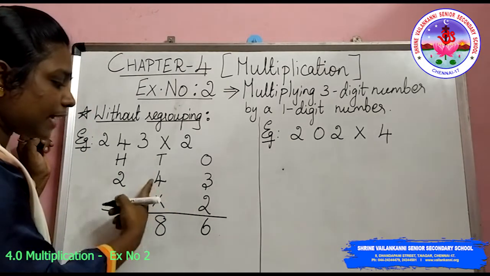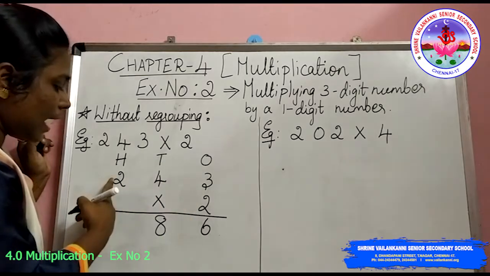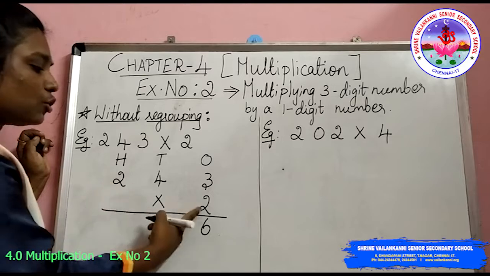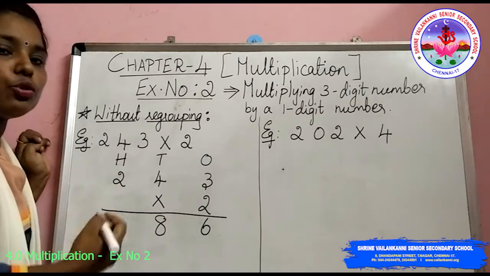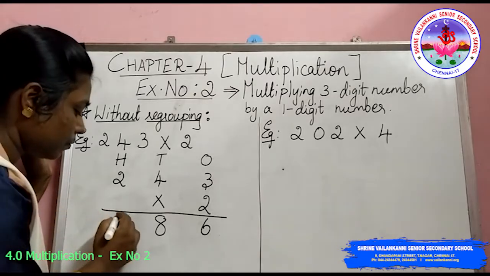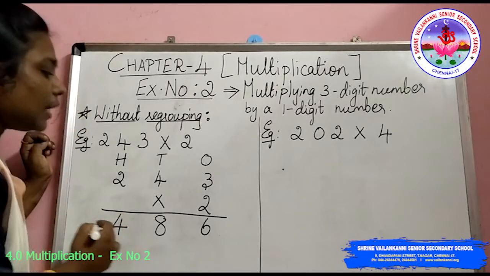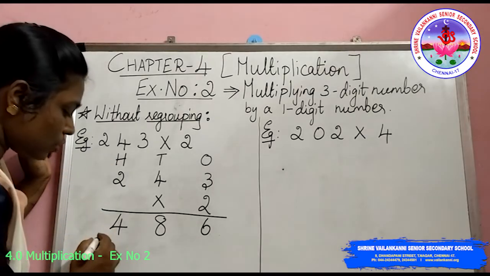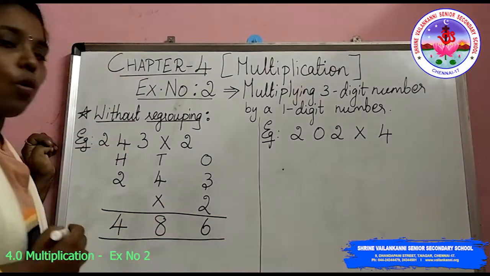Now the tens place value is over, move to the hundreds place value. 2 into 2, that is 2 2s are, what? 2 2s are 4. This 4 has to be written below the hundreds place value. Now your multiplication is over.